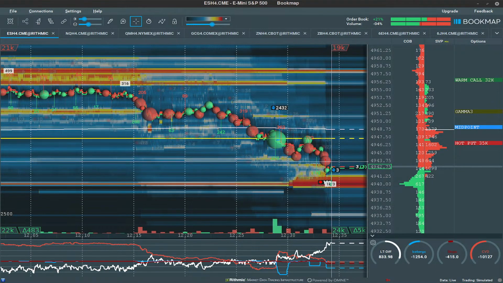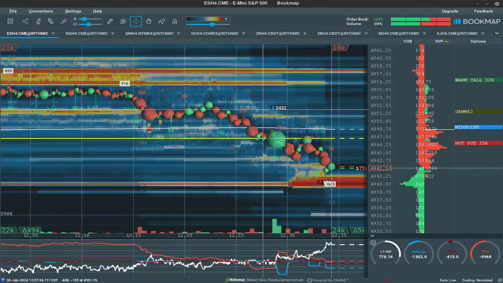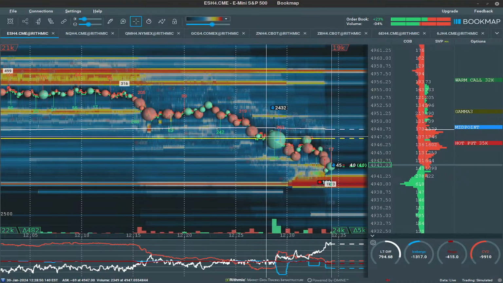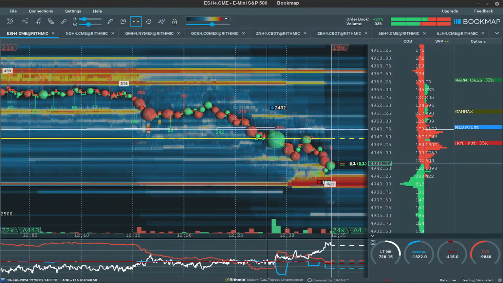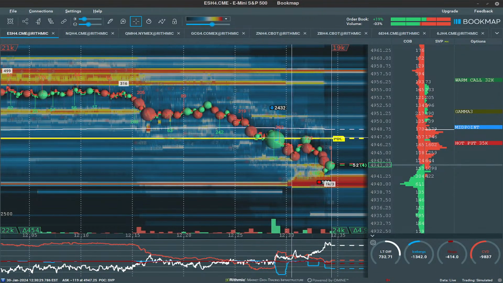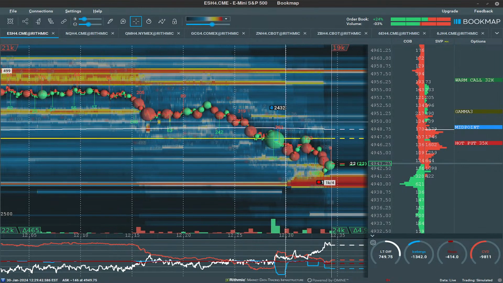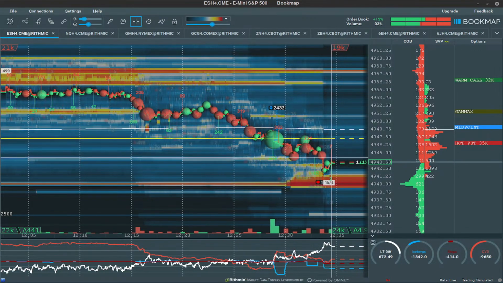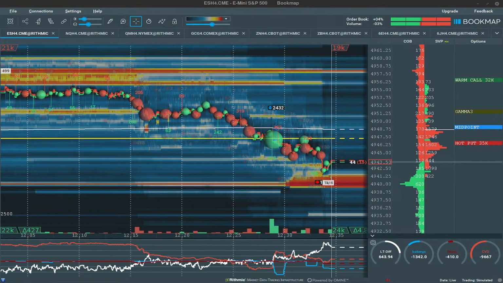So here we are. We're now doing kind of what we talked about earlier. We broke below some of these key levels, right? VWAP, midpoint, the gamma level, point of control, the hot put. These are all areas where buyers had an opportunity to try to defend price, and they did not. So that's meaningful. Each one of these levels is an important area to watch.